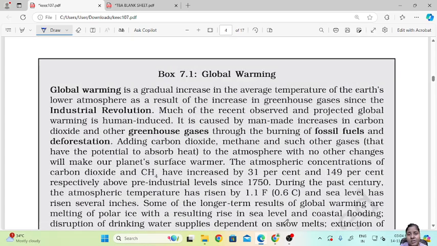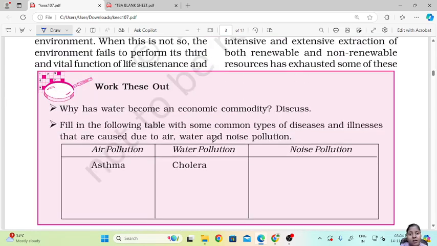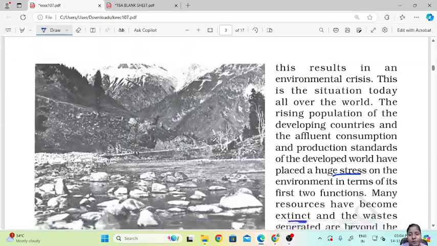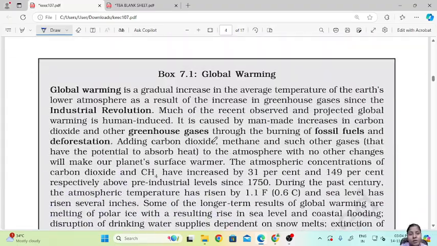Here they have given the situation of global warming. Global warming is a gradual increase in the average temperature of the Earth's lower atmosphere as a result of the increase in greenhouse gases since the Industrial Revolution.